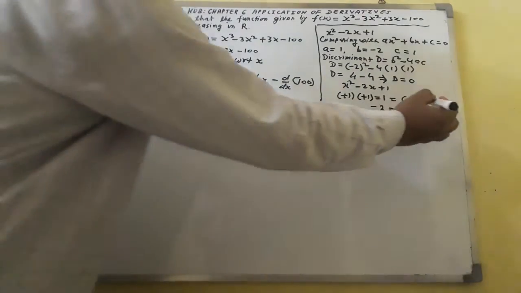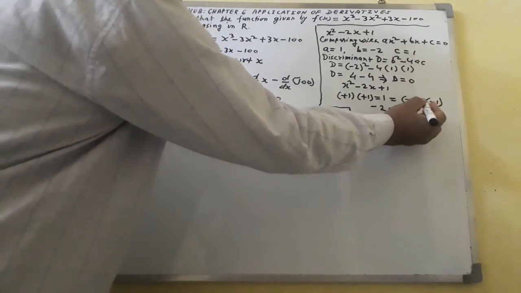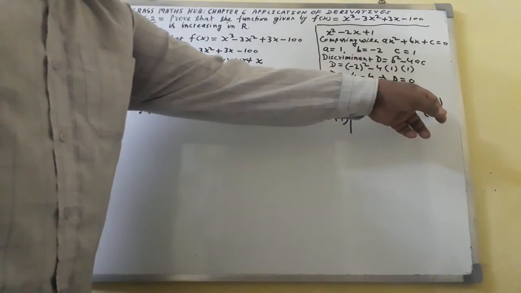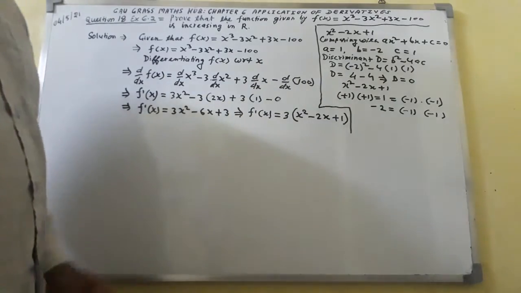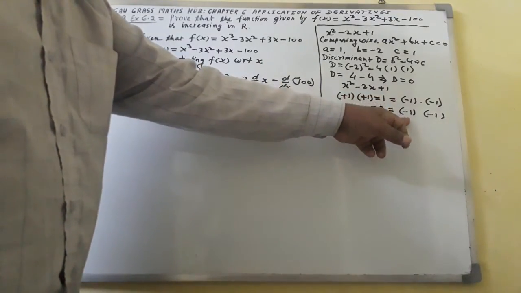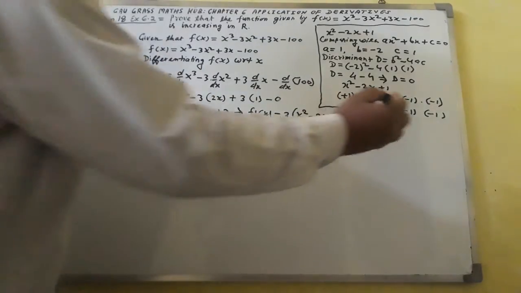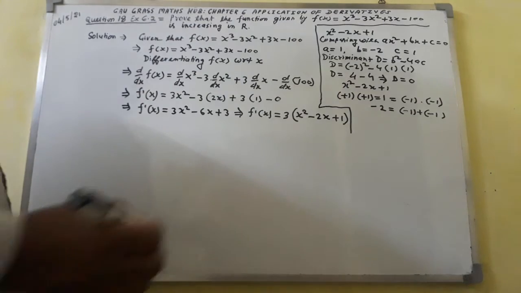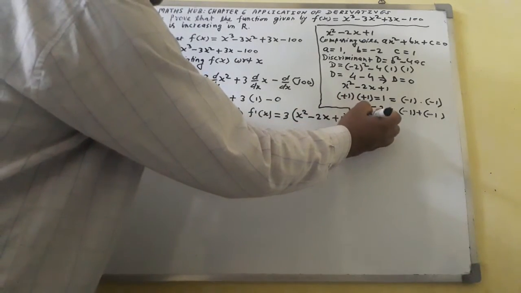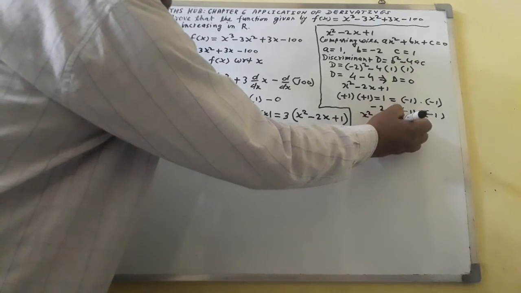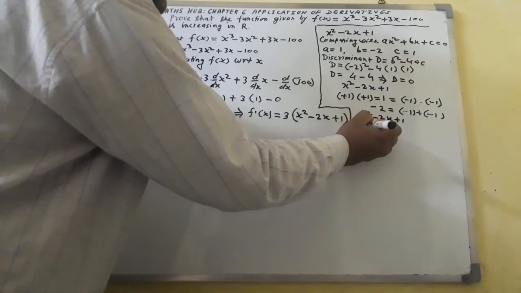So here write minus 1. Both will be multiplied together. Minus 1 multiplied by minus 1 comes out to be plus 1. Here minus 1 added to minus 1 comes out to be minus 2. So here write minus 2.